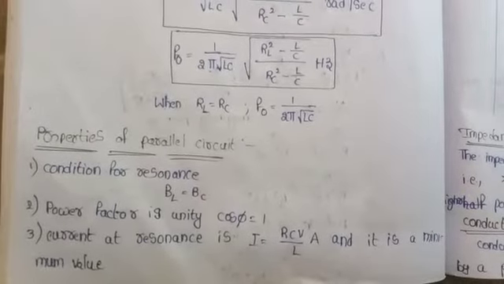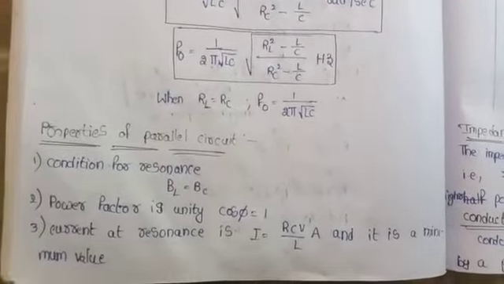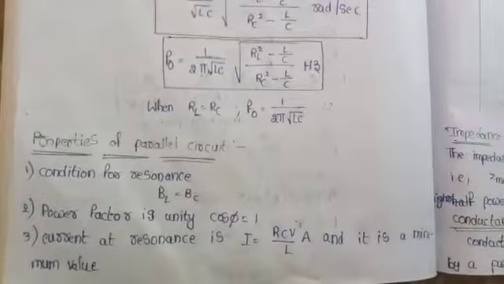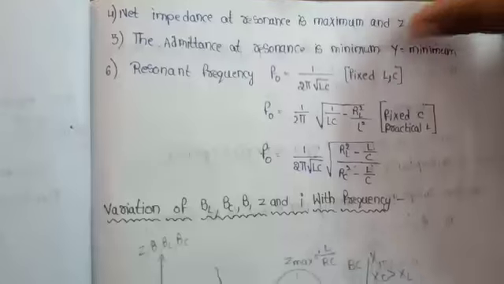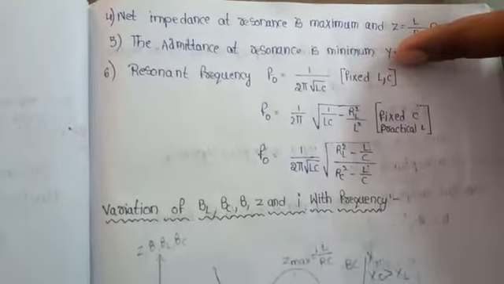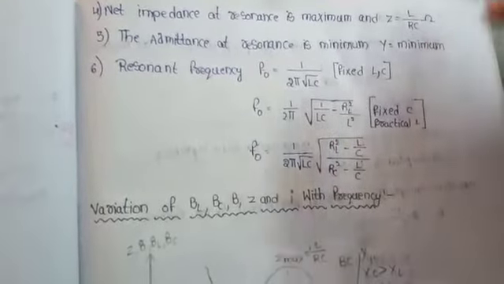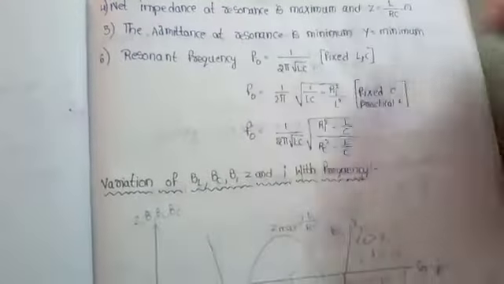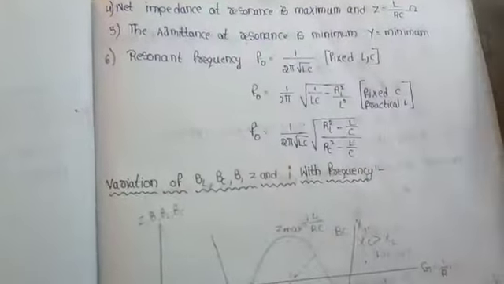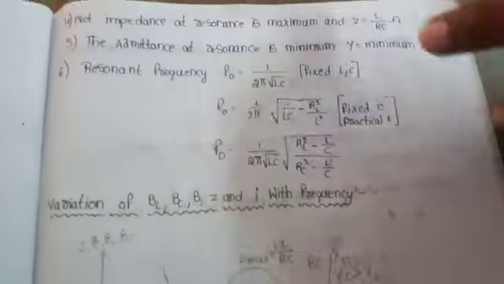But the current here is minimum, whereas in series resonance it is maximum; here the impedance is maximum, that is the dynamic impedance. So these are the different resonant frequencies, for the tank circuit and for the practical inductor with practical capacitor. These are the two cases of resonant frequency in a parallel circuit, most important questions.